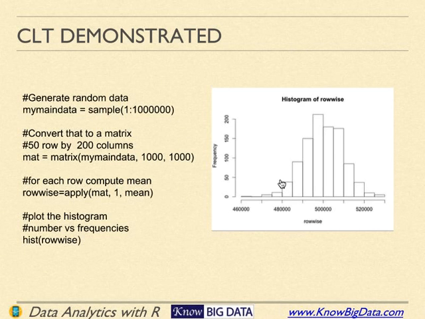Let's say that we have got 1 million samples of the data, random samples. Okay, flatly random. If you do a histogram on my main data, it is going to be flat.